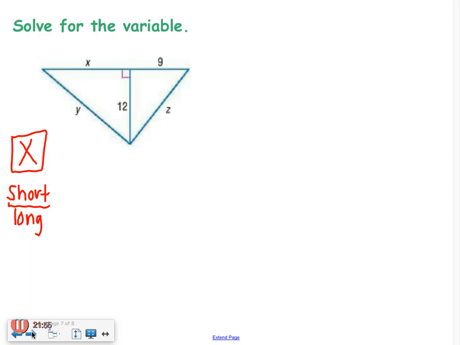This one works out nice. You should get whole numbers for all three variables.